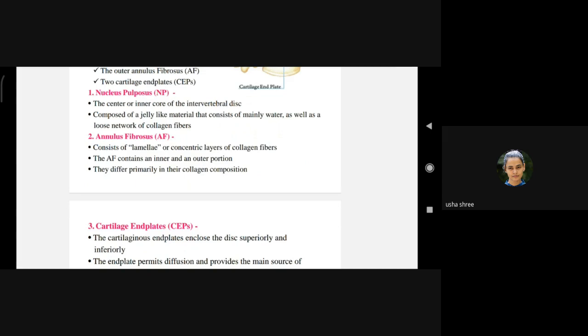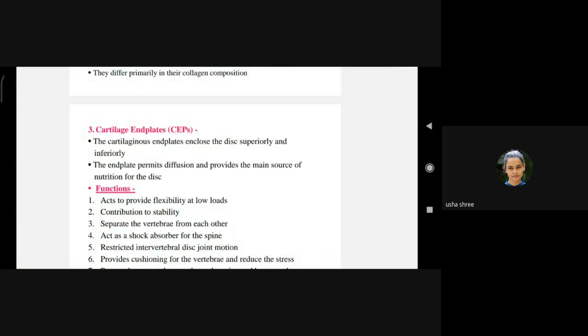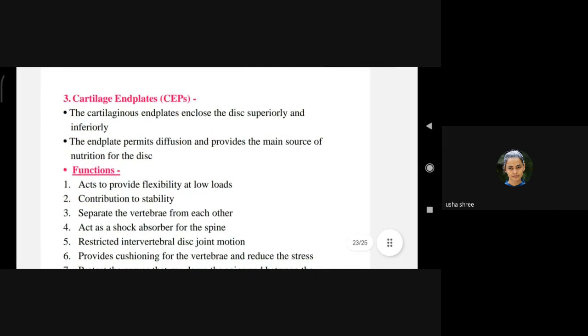Now, the third one is the cartilage end plate. The cartilaginous end plate encloses the disc superiorly and inferiorly. It's covering from top to bottom. The end plate permits diffusion and provides the main source of nutrition to the disc. Just like the cell membrane we studied earlier permits diffusion, that is why it was semi-permeable.